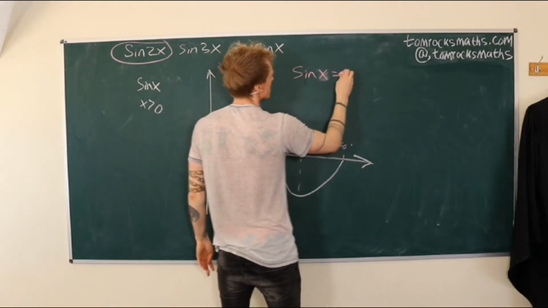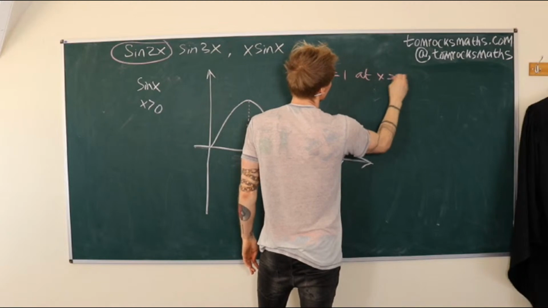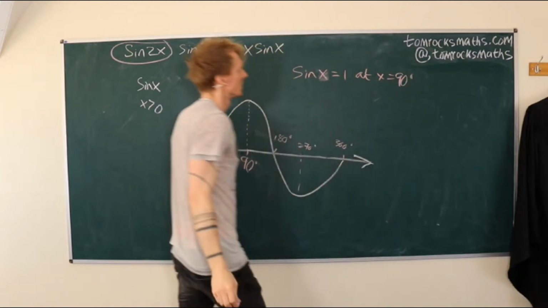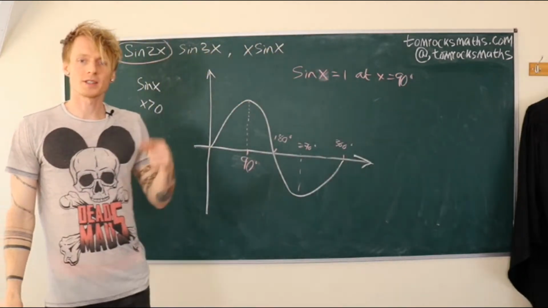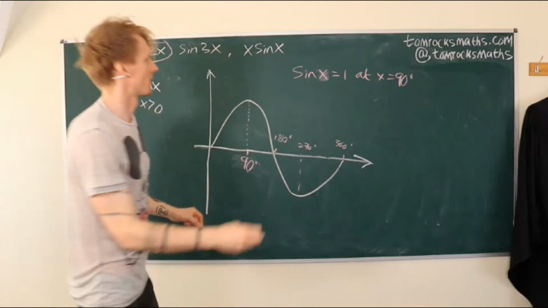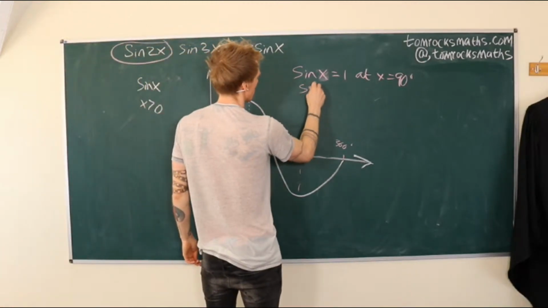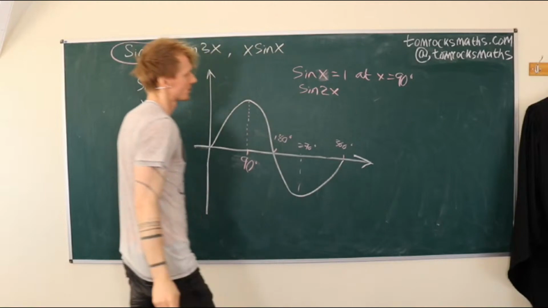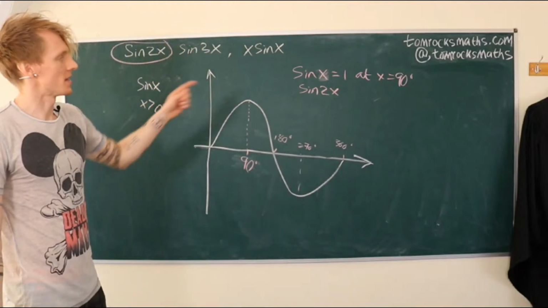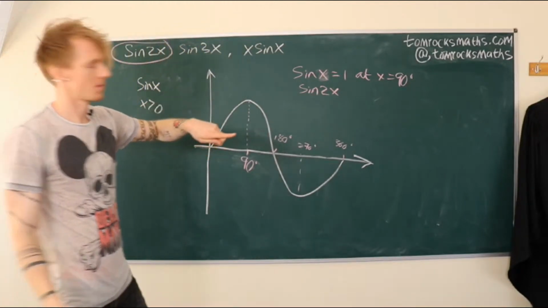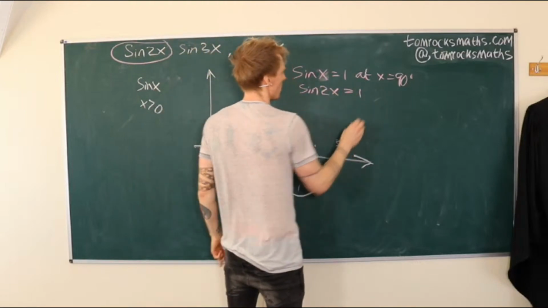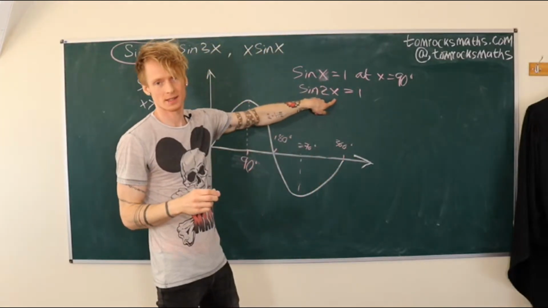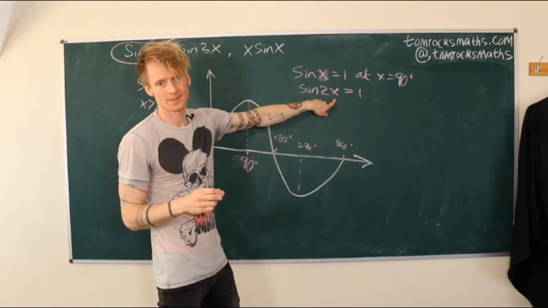Oh, wait, sine of x is 1 at x equals 90 degrees. So if I'm now trying to plot sine of 2x, then this will equal 1 when 2x is equal to 90 degrees.